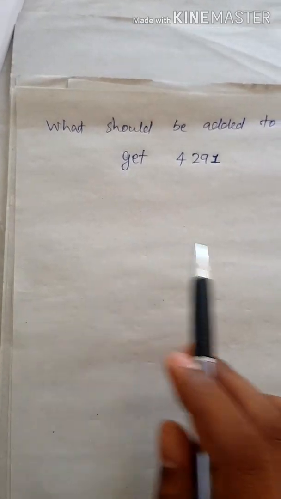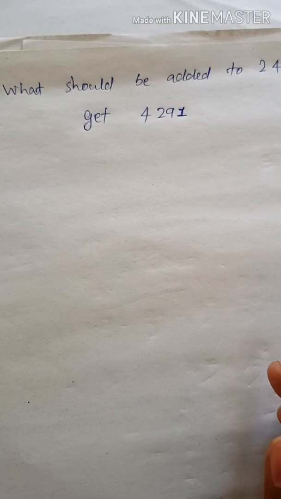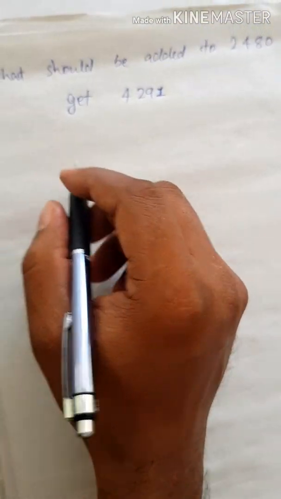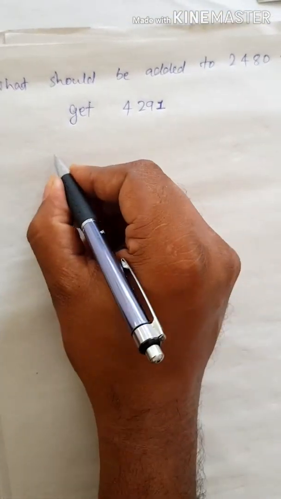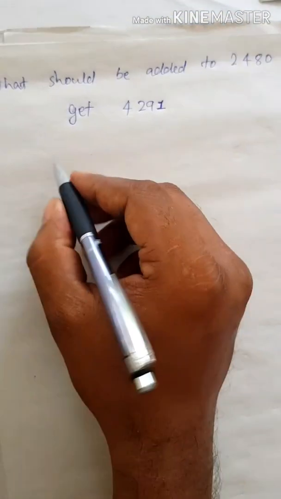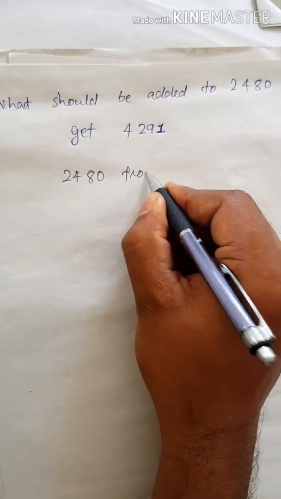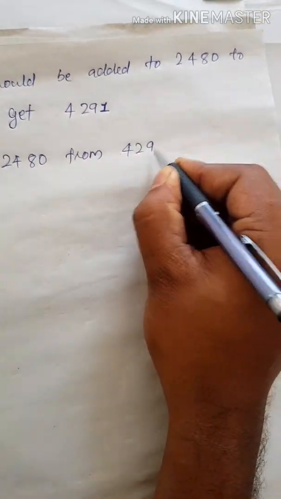Okay, here is one more example. What should be added to 2480 to get 4291? Okay, for this question we have to subtract 2480 from 4291.